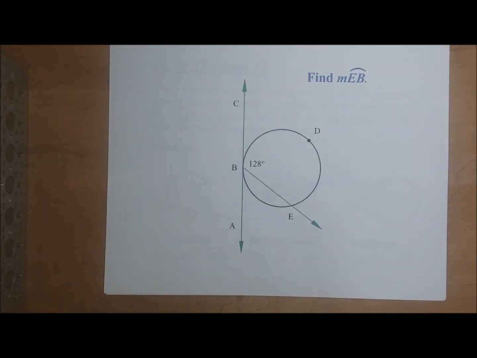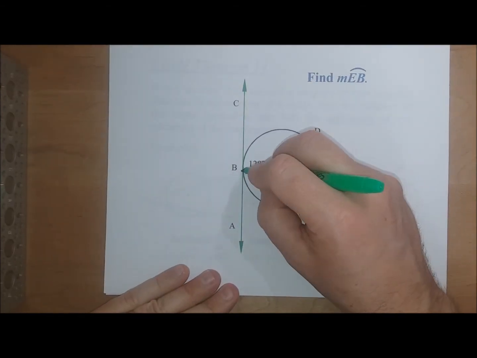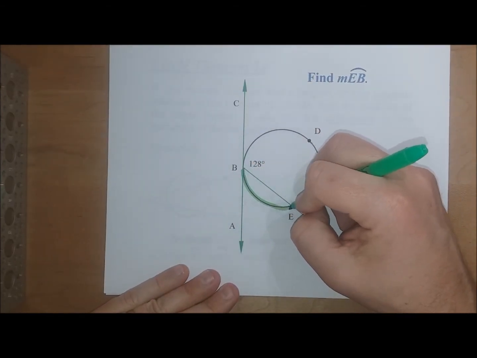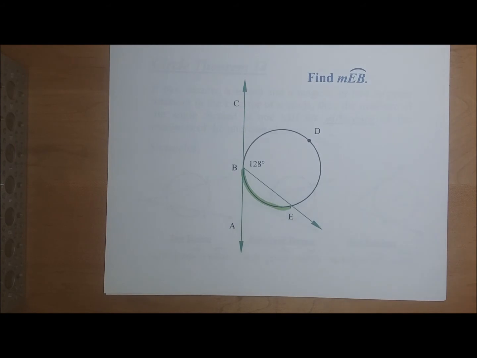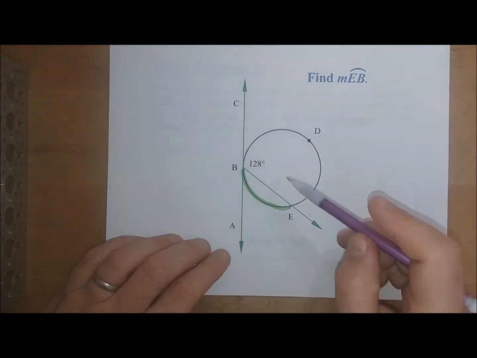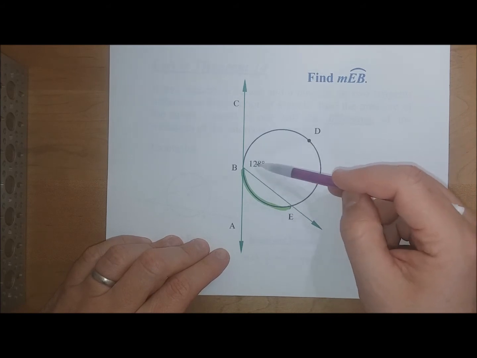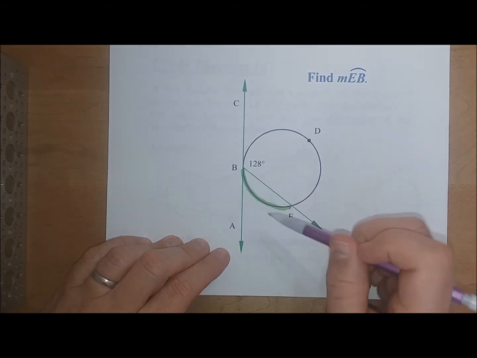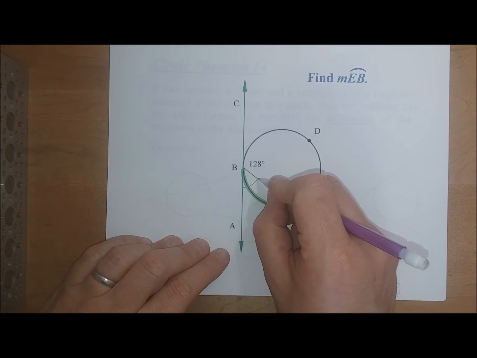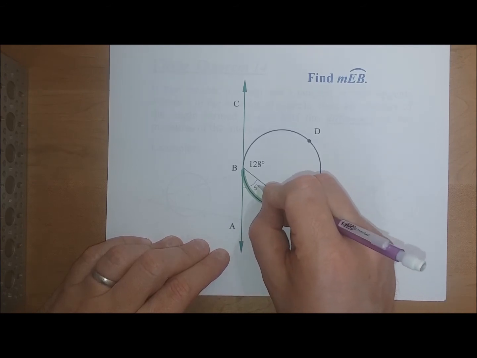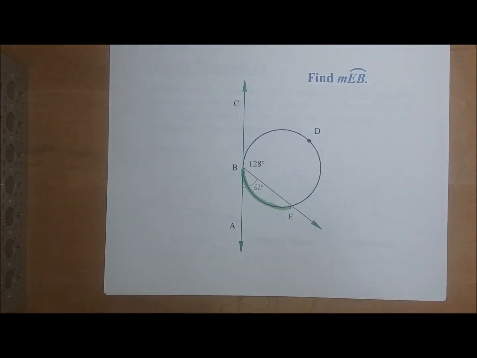All right, another one like that with just a little bit of a twist. This time they want us to find the measure of arc EB. Let's go ahead and highlight that. They want us to find this arc right here. Can we do that? Well, maybe the easiest way is to take this linear pair, and if this angle is 128 degrees, let's figure out what this angle is going to be. I think this angle in here is going to be 52 degrees, right? And those add up to 180.